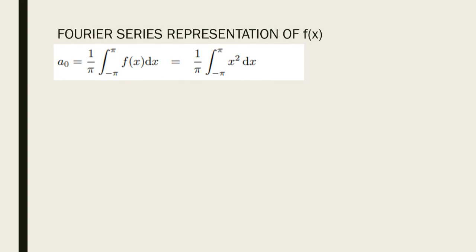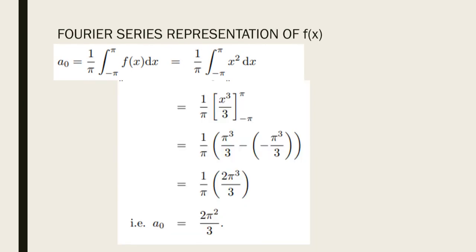Substituting the f of x here, we have 1 over pi times the integral of x squared dx from negative pi to pi. Solving that is easy, so feel free to pause the video to see the solution. And we have a naught is equal to 2 pi squared over 3.